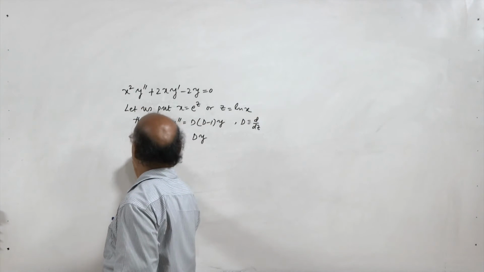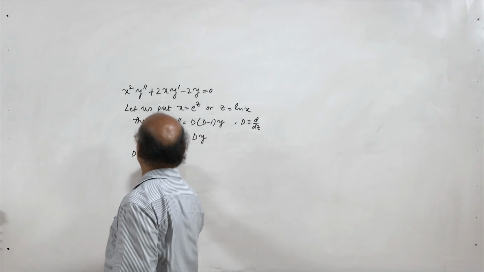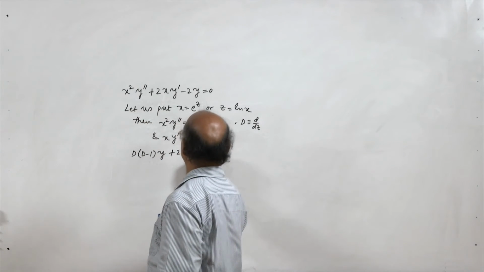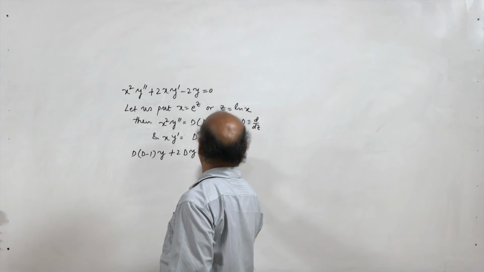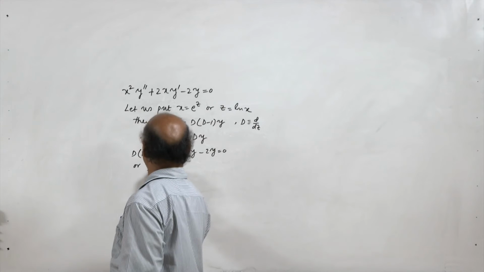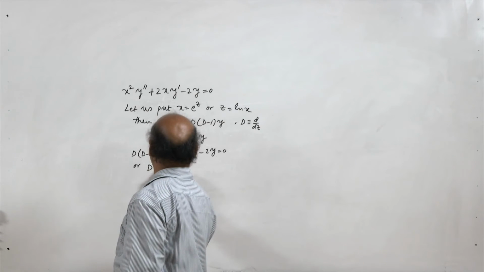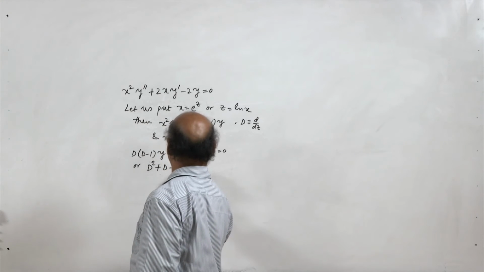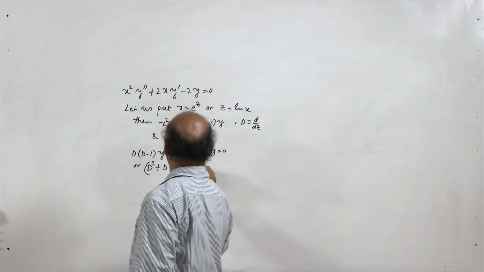D into D minus 1 y plus 2Dy minus 2y equal to 0, or we can say D square plus 2D minus D is D, so D square plus D minus 2 operating on y equal to 0.